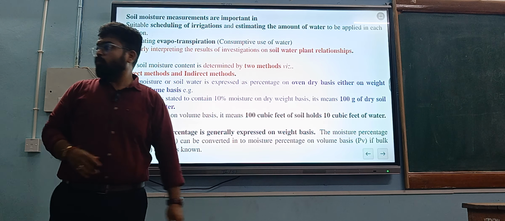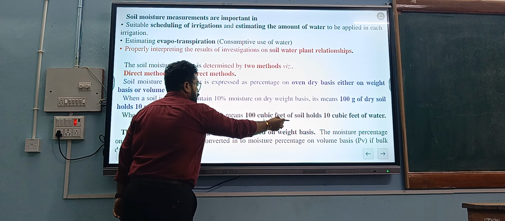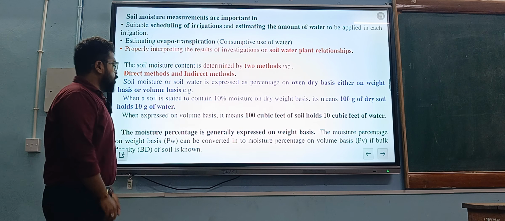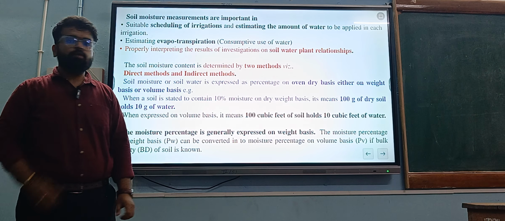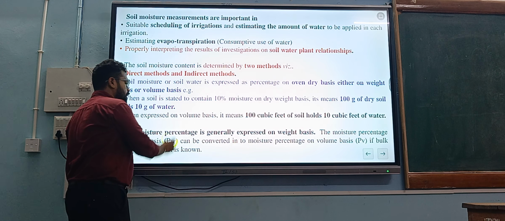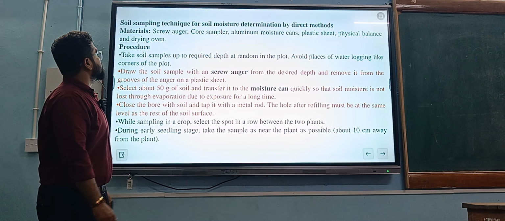When expressed on the volumetric basis, 100 cubic feet of soil holds 10 cubic feet of water. The moisture percentage is generally expressed on weight basis, that is, Pw, and can be converted into volume basis by multiplying it by the bulk density.